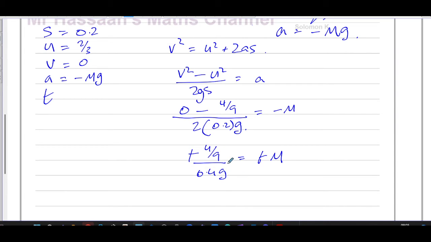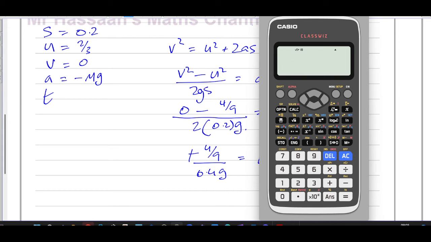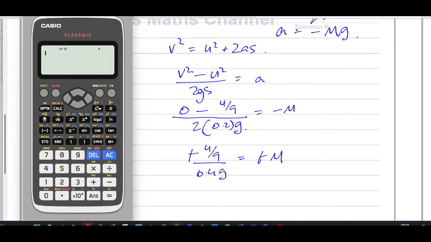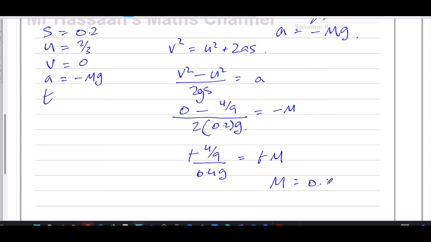Now, depending on what you took g as. In Edexcel, we'll take g as 9.8, so that the answer will come out exactly as it's supposed to. If you use 9.8, you have 4 over 9 divided by, in brackets, 0.4 times 9.8, which will give us 0.113, which is the answer we are supposed to get in this particular question.